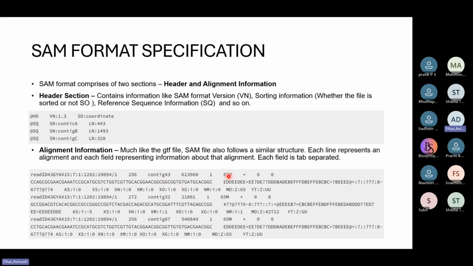If the pattern had been different, say for example 30M, 5D, 30M, then for this particular read, when I started aligning from this position, I found 30 matching bases, then 5 deletions, not mismatches, and then again 30 matches. Is that clear? Yes, sir. Thank you.